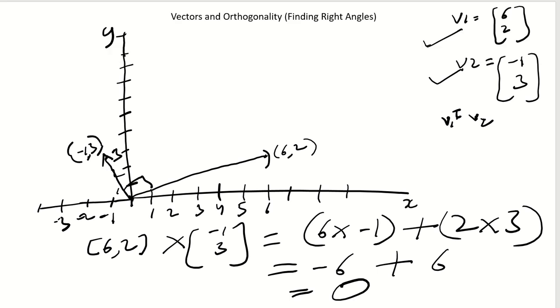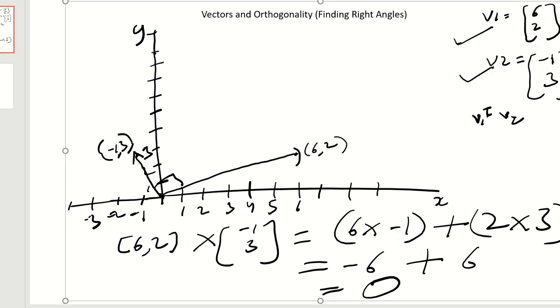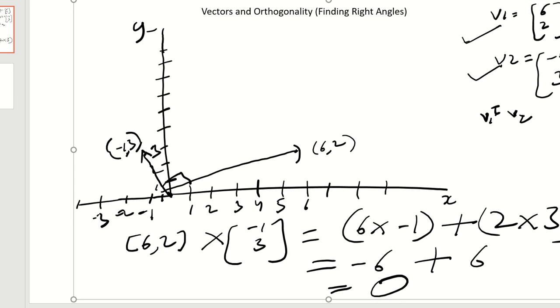Now I'll also revisit one more concept here, and that is the concept of slope. If we have to find the slope of a vector, how do we find it? For example, this is 0, 0.